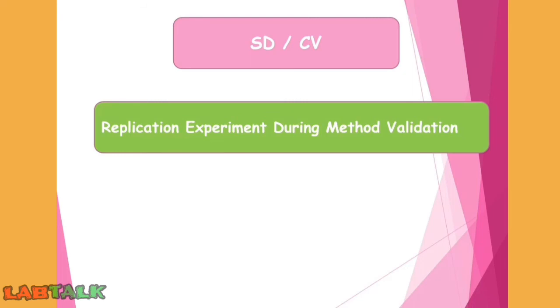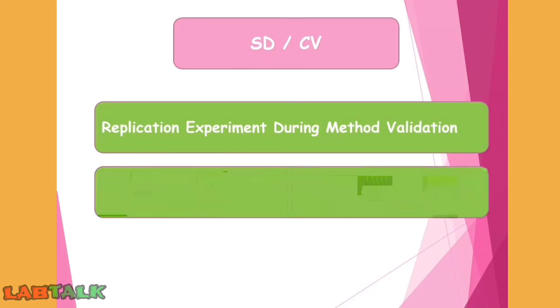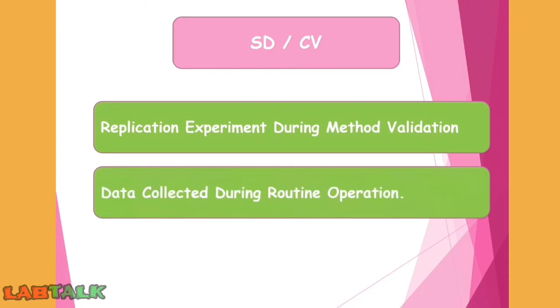The next option is to collect the data from the day-to-day internal quality control data. So again, for calculating the CV percentage, the laboratory will have two options: the test verification process data, or the internal quality control data. Here CV percentage can be calculated using the standard deviation divided by mean into 100.